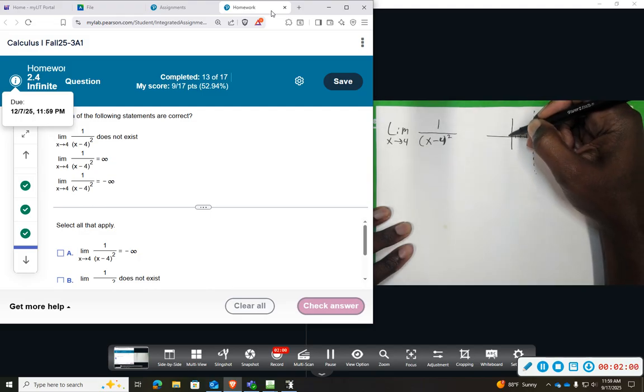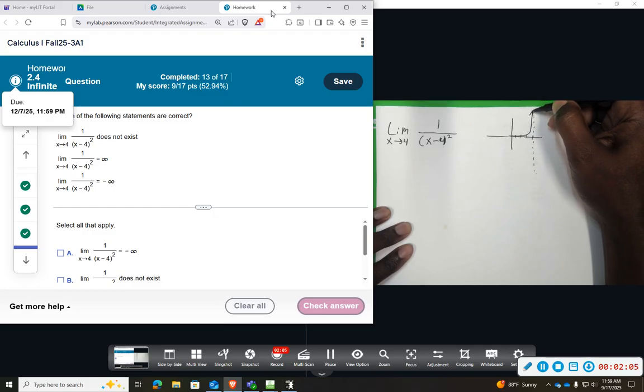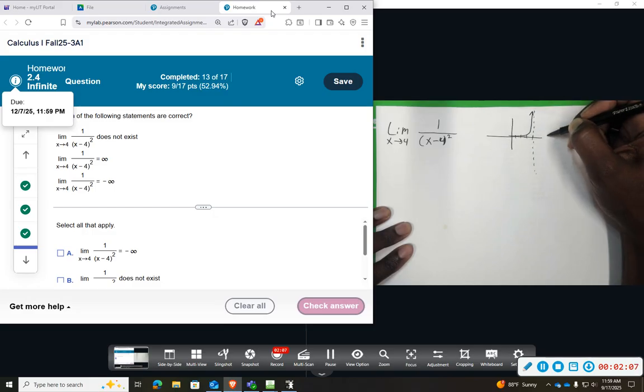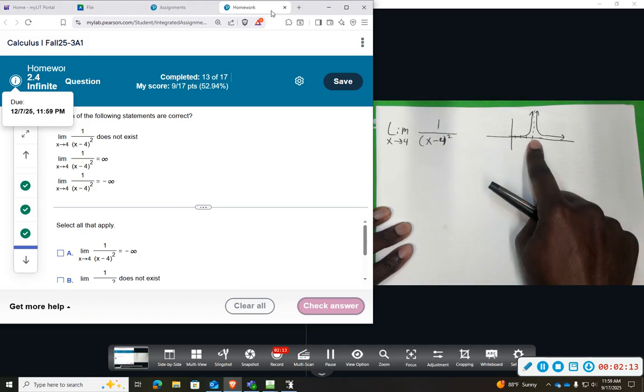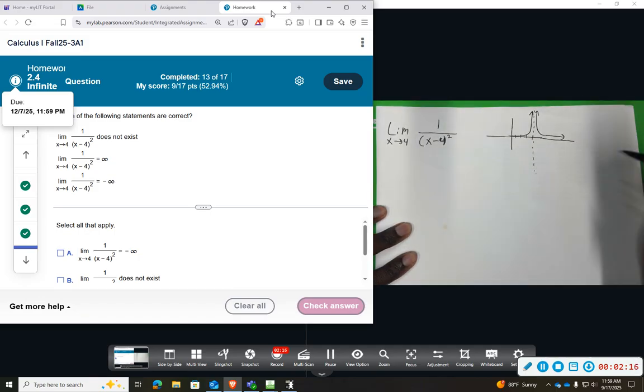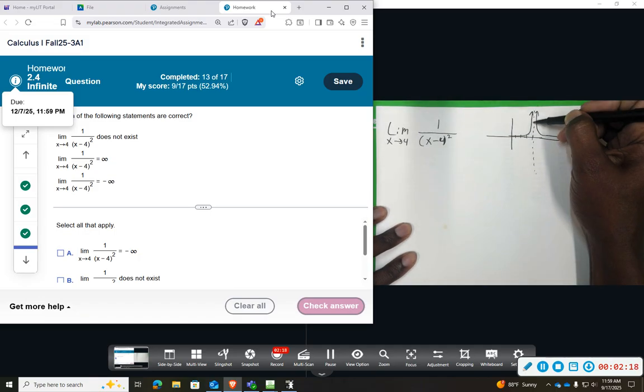So I know that this graph is going to be hugging the x-axis and then shooting up as we get closer and closer to 4 from both sides, just using properties of transformations. All right, so this is the graph that we would get. Looking at this, as we approach from the left, we shoot up to positive infinity.